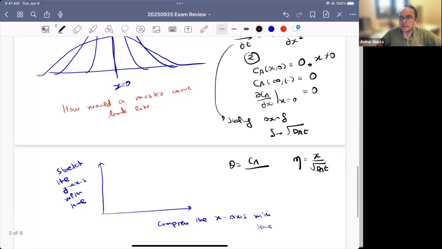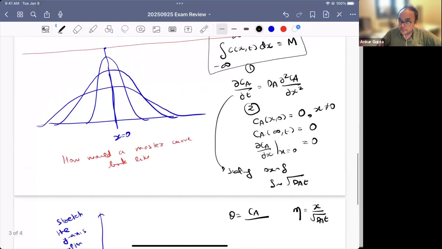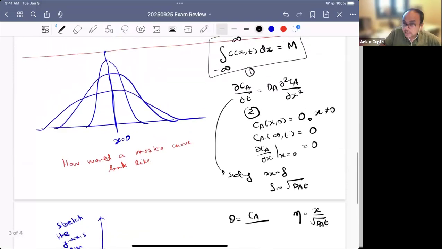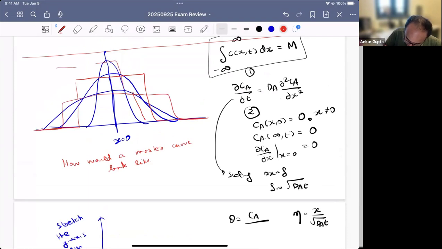The proposition here, as an approximation, is that the concentration profile can be thought of approximately like this: some constant concentration, Cm, over the delta, and then zero everywhere else.